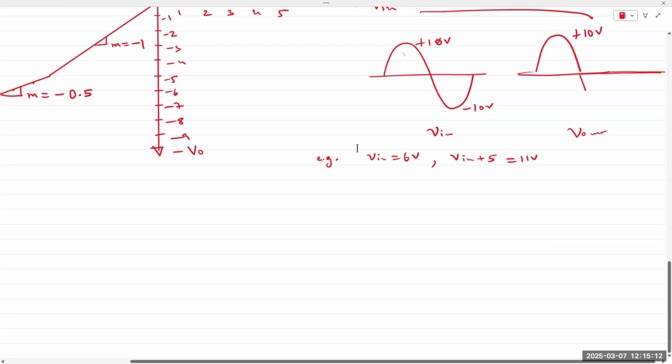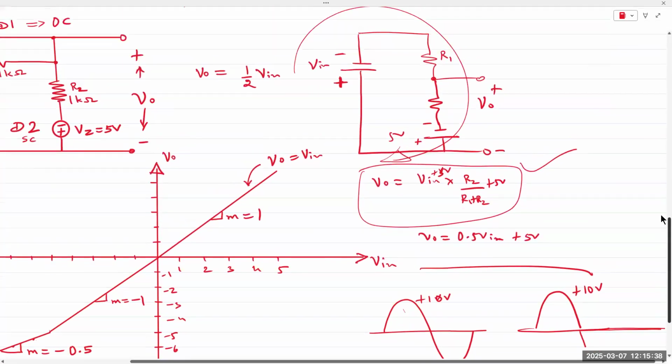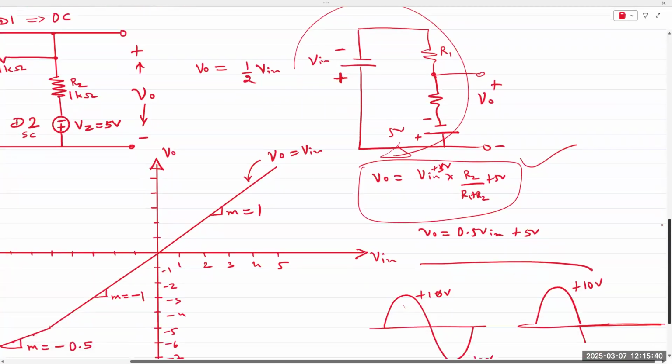So what is the voltage drop across R2? Just across R2. 5.5. So VR2 is 5.5. Is right here. 6 plus 5.